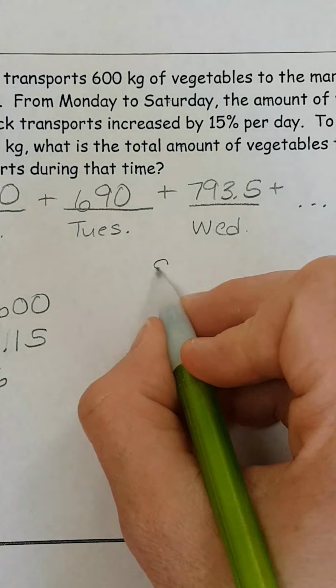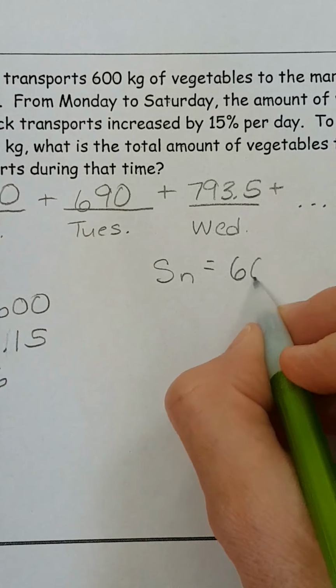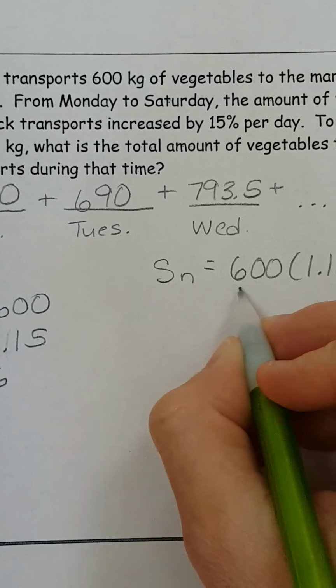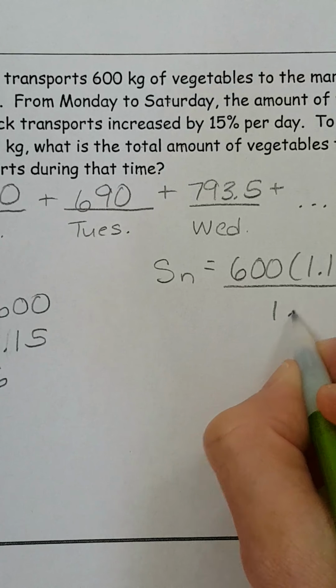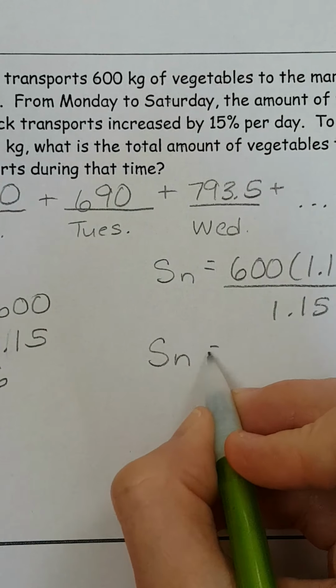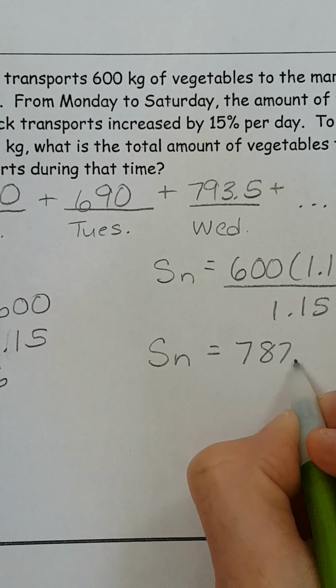And so then we've got our sum formula again. I'm skipping writing the formula, but that's there. 1.15. So I'll give you a second step here. I worked out the numerator separately here.